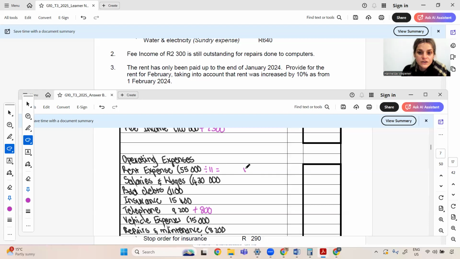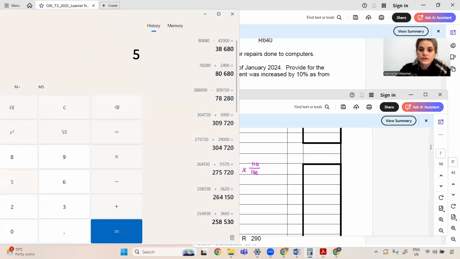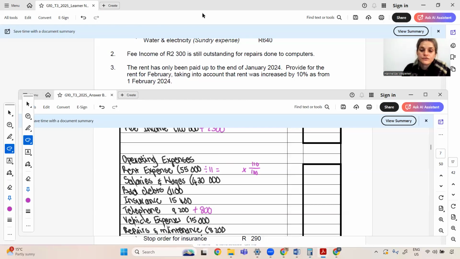Then you must increase that by 10%. So you want to know the amount that I started with, 100%, add on to that 10% to get to my increased figure. So 55,000 divided by 11 is 5,000 per month, but then adding that increase of 10%, so 5,500.